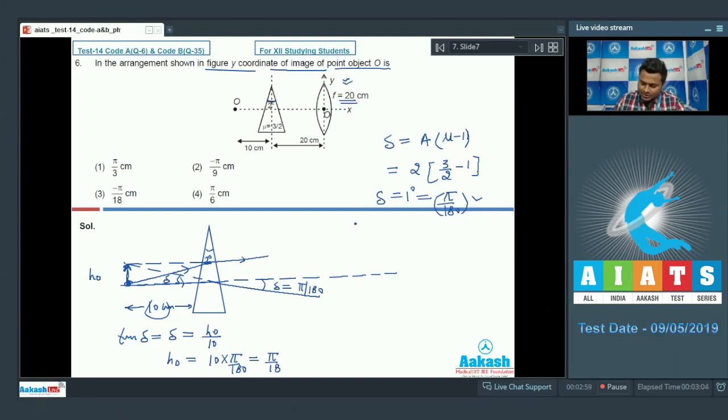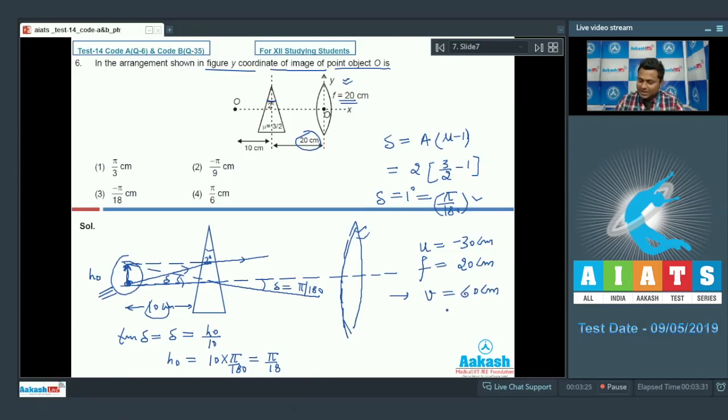Now let us talk about the lens. This will act as object for this lens. So object distance we have got 20 plus 10, that is minus 30 centimeter. Focal length given 20 centimeter. By the lens formula we will get the value of V, that is 60 centimeter.